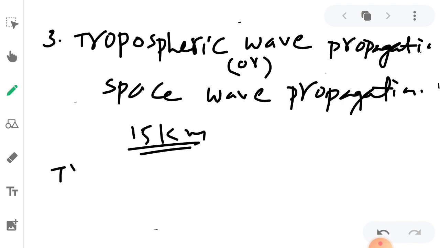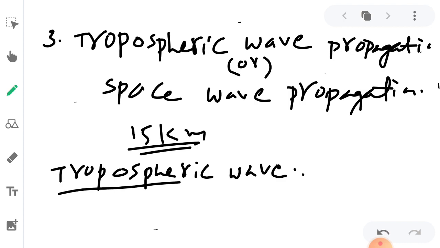You can write the same as we have written for ionospheric waves. For tropospheric waves, the waves which are reflected or scattered in the troposphere above the earth's surface reach the receiver antenna.